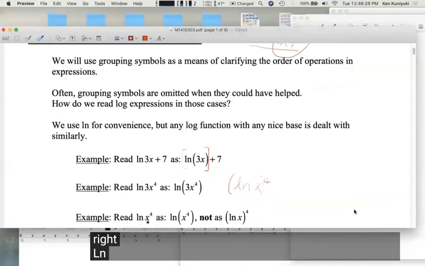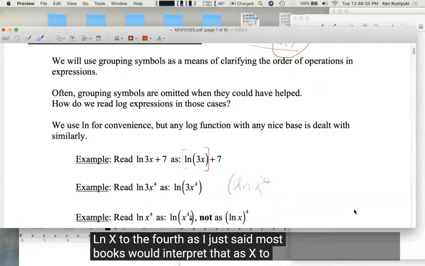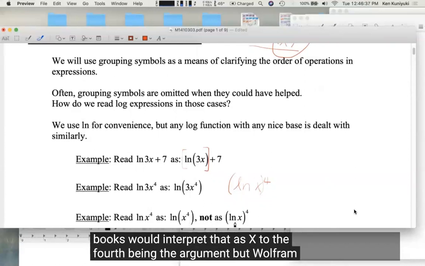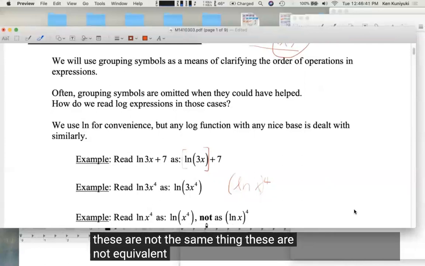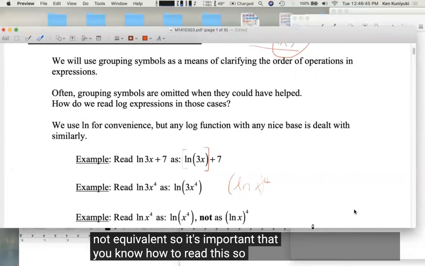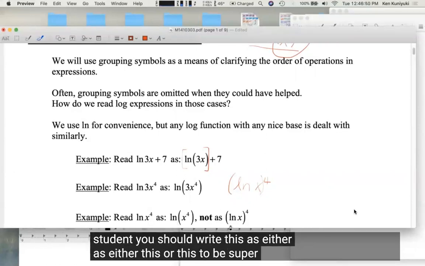All right, ln x to the fourth, as I just said, most books would interpret that as x to the fourth being the argument, but Wolfram Alpha may interpret it like that. But these are not the same thing. These are not equivalent. So it's important that you know how to read this. As a student, you should write this as either this or this to be super, super clear.